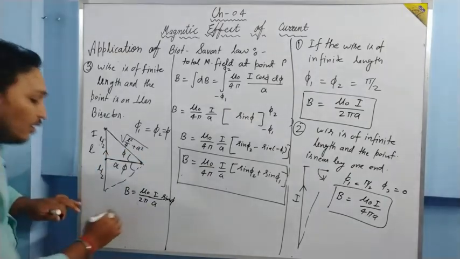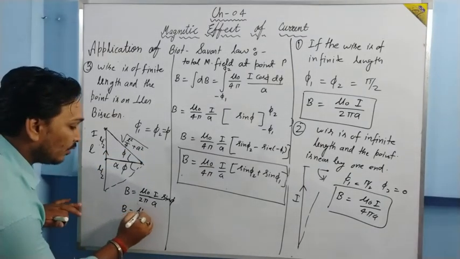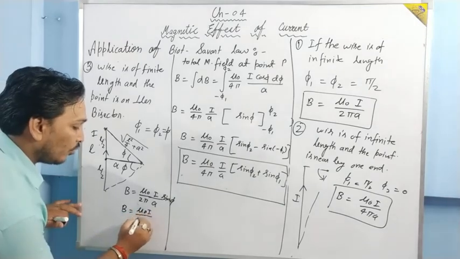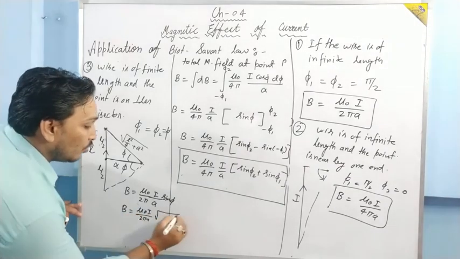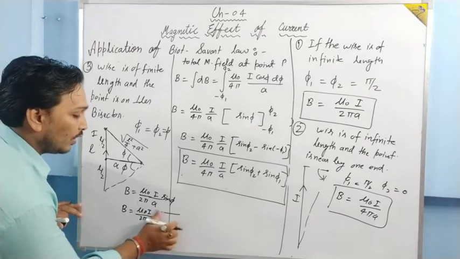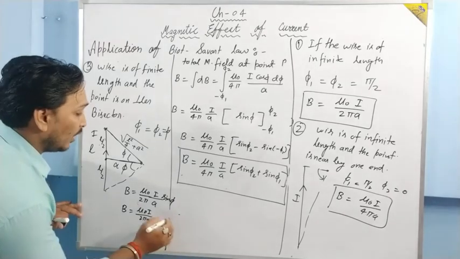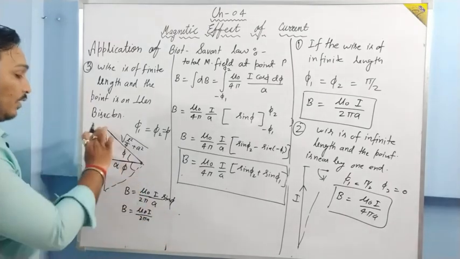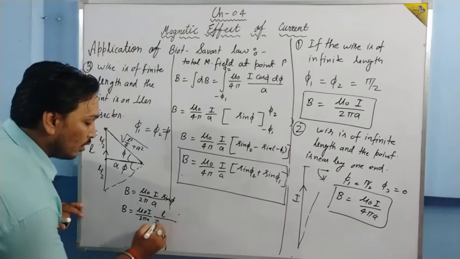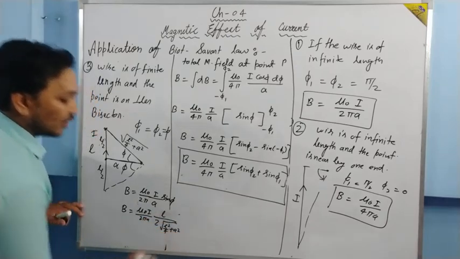So B is equal to mu naught I upon 2 pi a into L by 2 upon under root L square by 4 plus a square.